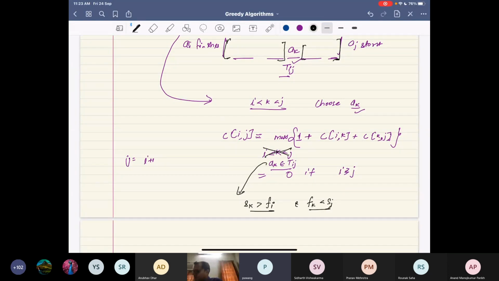It starts after AI finishes and finishes before AJ starts. So you can check this in constant time, right? And then if it is there, you put that inside your DP formulation. Okay, is that fine?